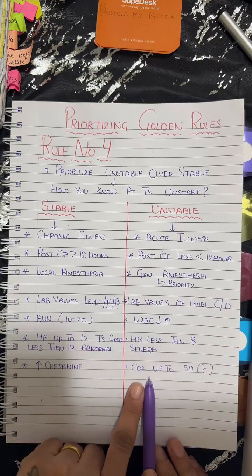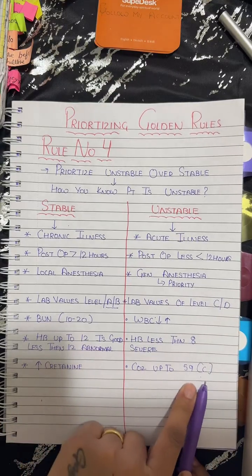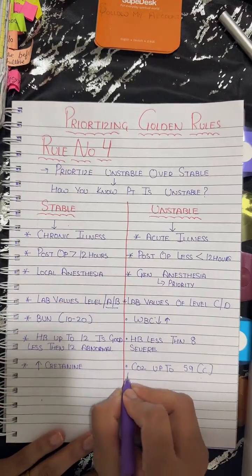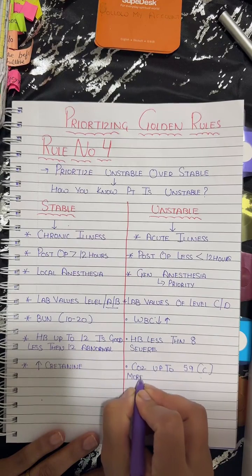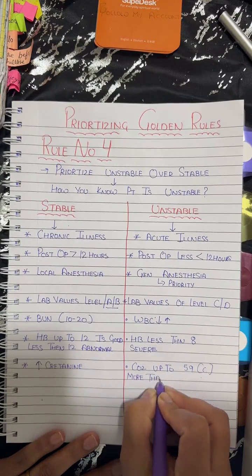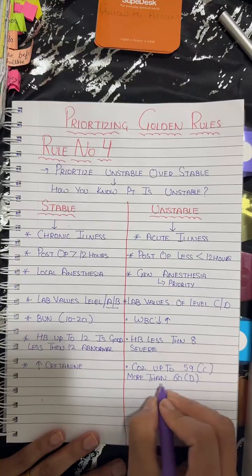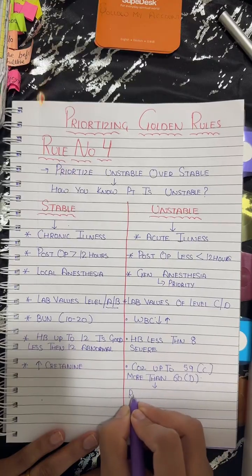Okay, CO2 up to 59 comes under C, and C is also unstable, but more than 60 is D, meaning respiratory failure.